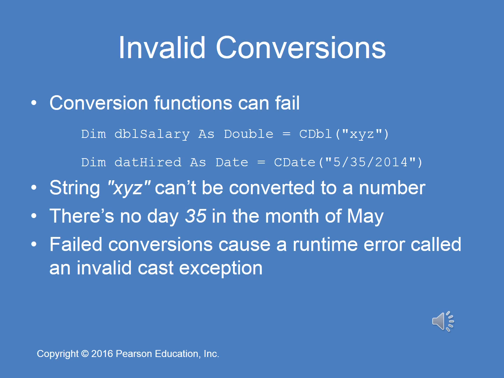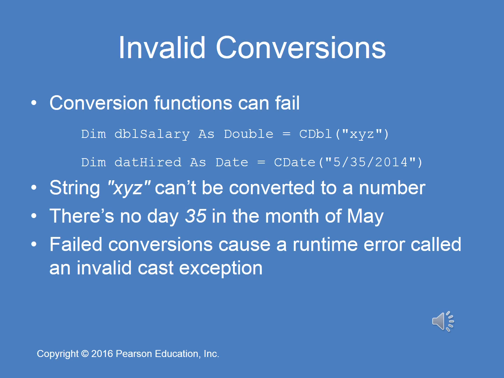The second example: we're declaring using Dim a variable called dateHired as a date, and we're using the CDate function to convert 5/35/2014. Once again, there is no month that has 35 days.